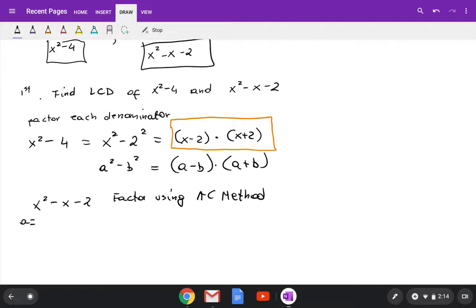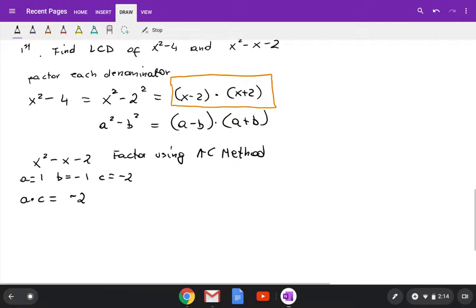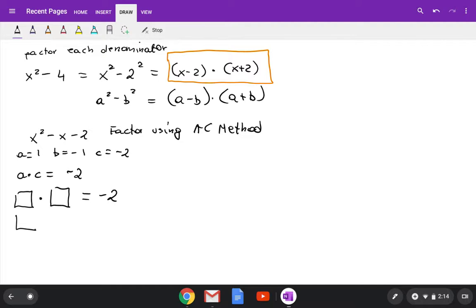A is 1, B is -1, C is -2. So A times C is 1 times -2, which is -2. Find two numbers which by multiplication give you A times C, and the same two numbers by addition give you B, which is -1. So what's going to work here? -2 and +1.